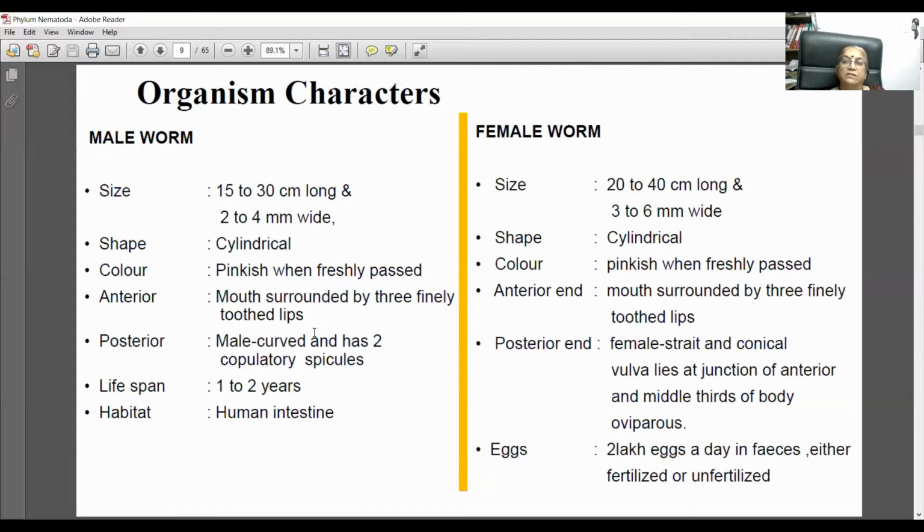Oviparous means they lay eggs. Earlier, when I showed you the figures of male and female worms, I showed you that the males and the females can be differentiated depending upon the posterior end of the worm. 2 lakh eggs per day are laid by the female worm, and these eggs can be either fertilized or unfertilized.